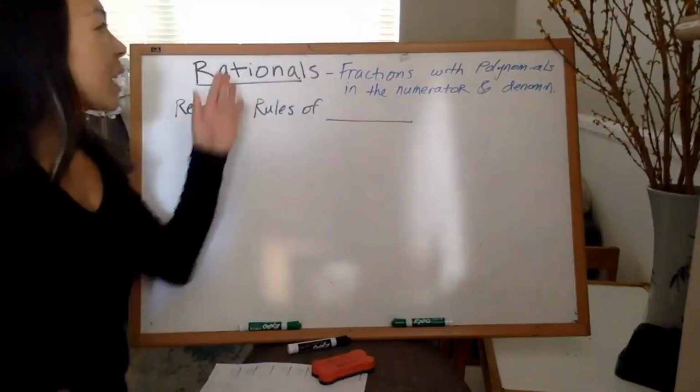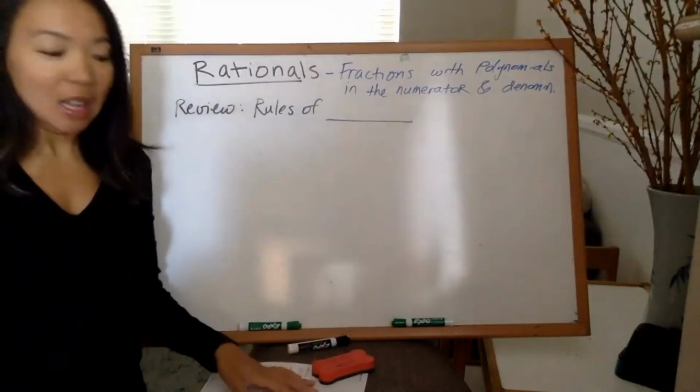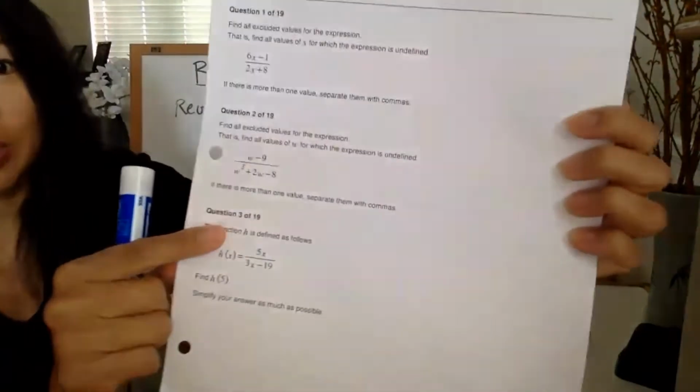Like I mentioned, rationals are fractions with polynomials in the numerator and denominator. If you look at our worksheet, these are all rationals here.